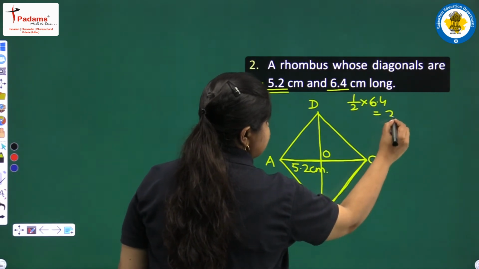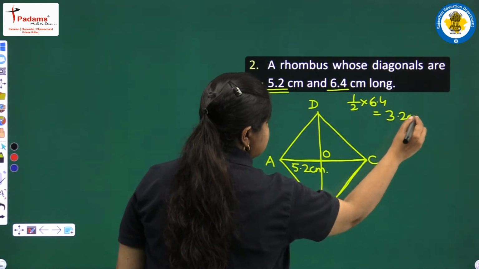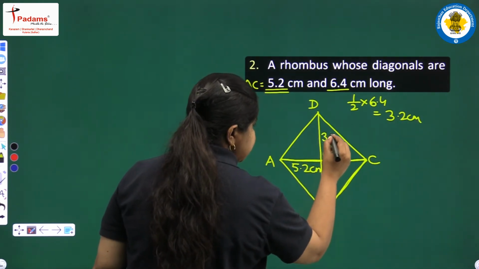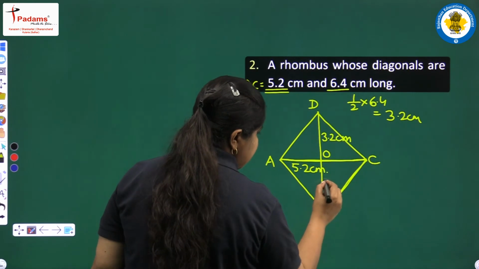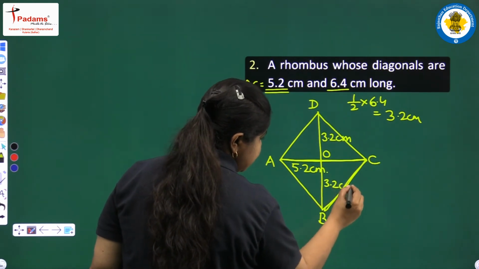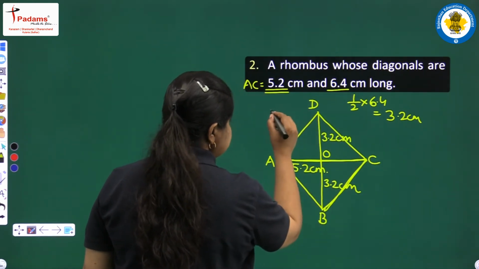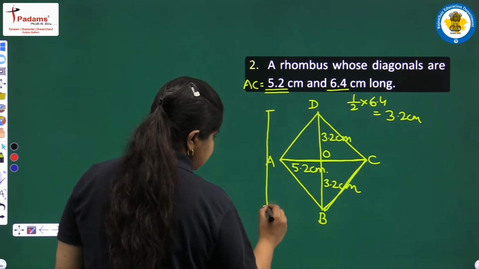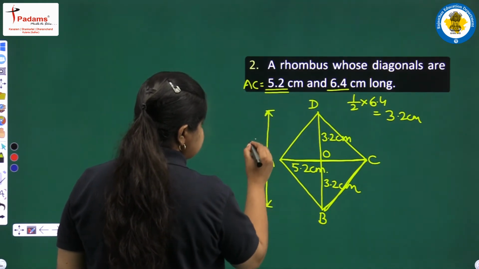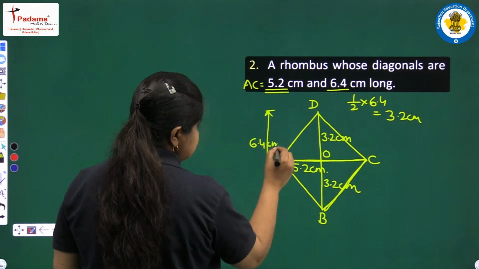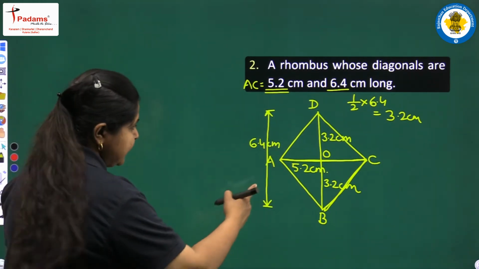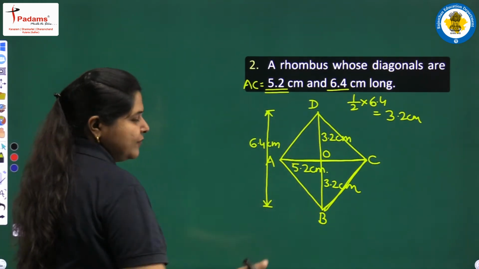That is, it will be 3.2 centimeter. It will be 3.2 centimeter above AC and 3.2 centimeter below AC. The total length here is given to be 6.4 centimeter. Okay, and we have written half above and half below.